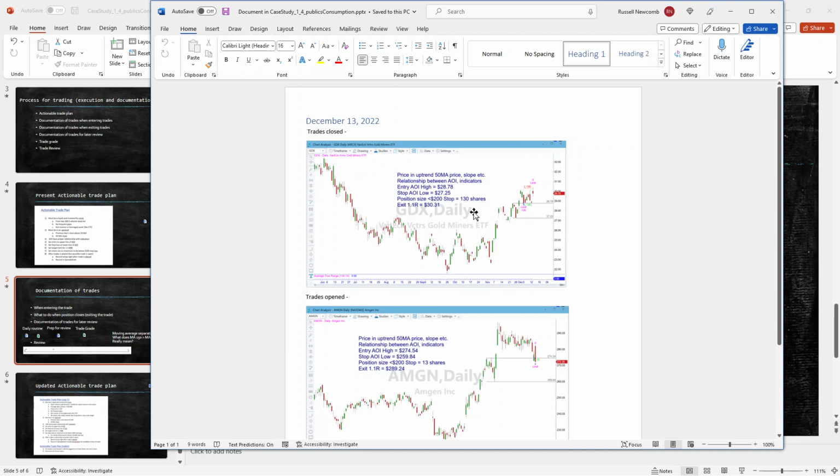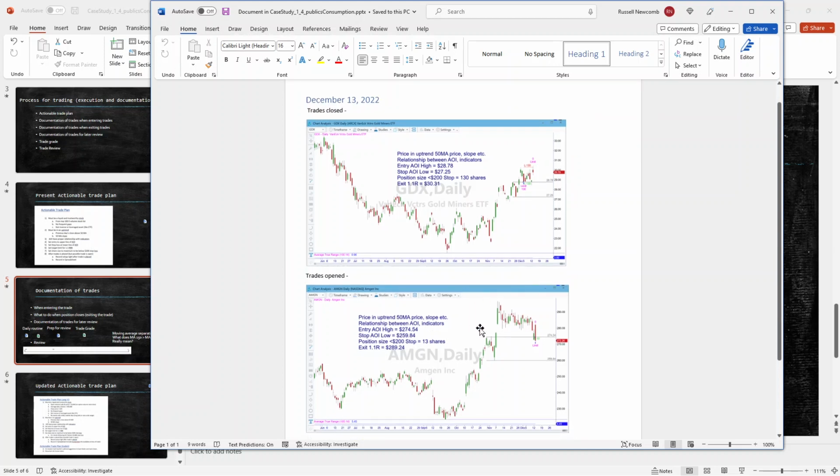Also, whenever you enter a trade, you put in your orders, and you have a text block that lists all the parameters for the trade, and then you put in your orders based upon this list of parameters.